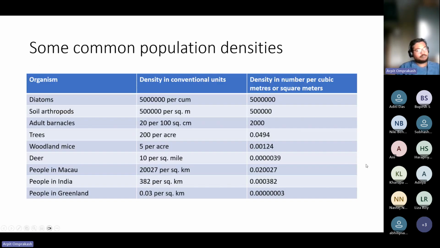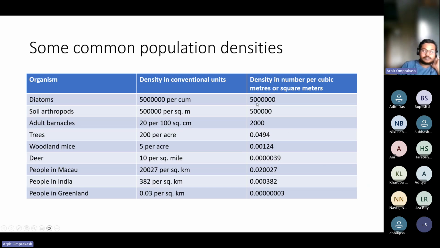So here are examples of some common population densities. Starting from diatoms, which are small microscopic creatures, to soil arthropods, trees, deer, and people, we see that the density tends to decrease as the size tends to increase, and the density of population of different species can vary quite a lot.